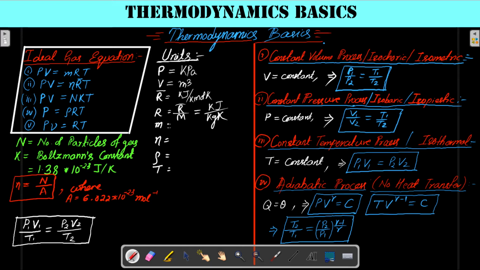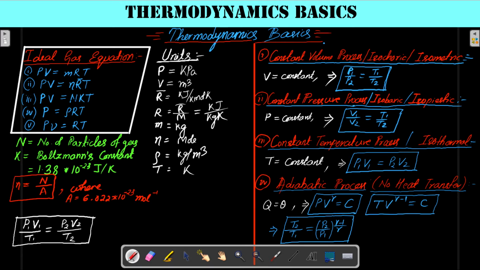Mass is in kg, n is the mole, rho is density in kg per meter cube, and T is temperature in Kelvin. So if you are using the ideal gas equation, you have to use these units: P in kilopascal, V in meter cube, m in kg, R in kilojoule per kg Kelvin, and T in Kelvin.